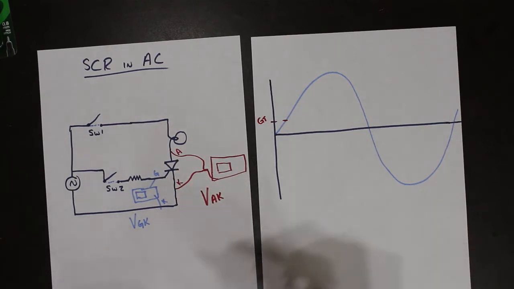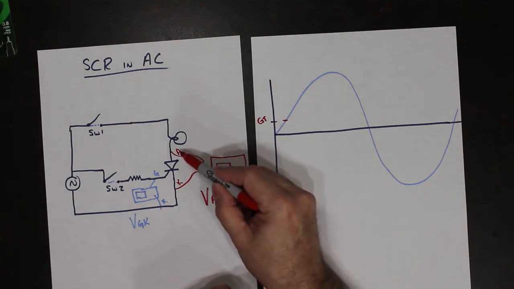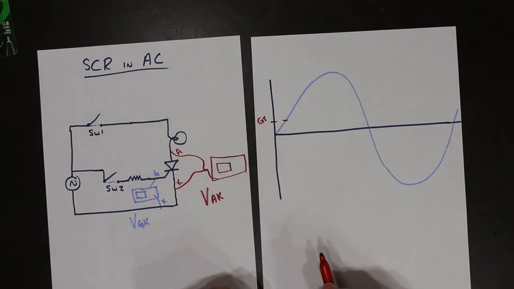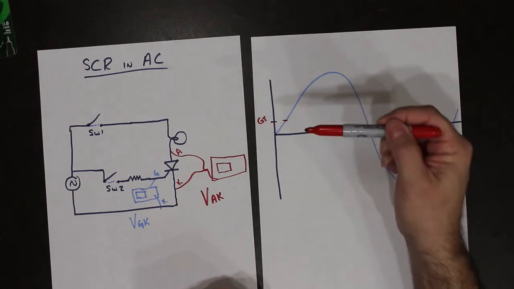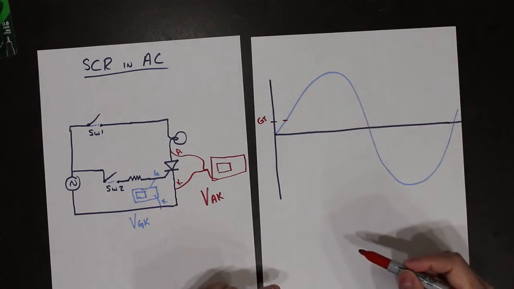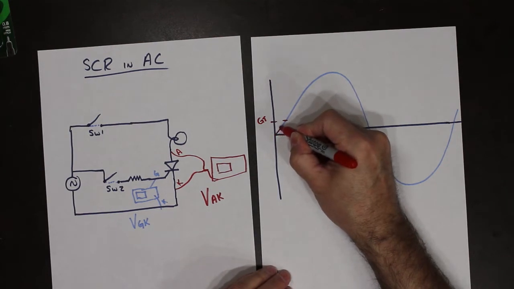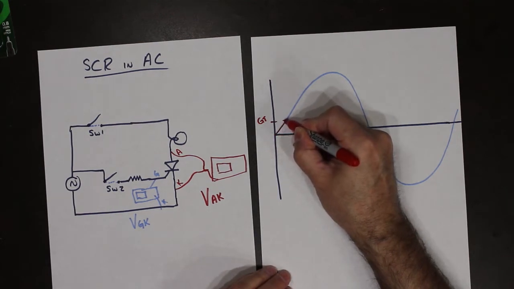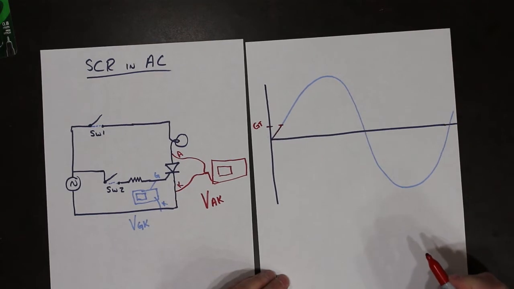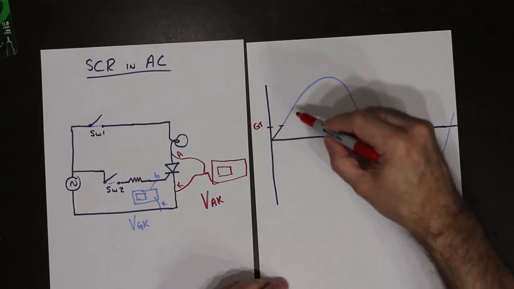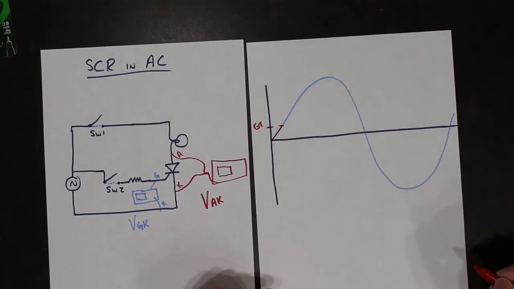So, if we were to look at the voltage from anode to cathode, I'm going to mark it in red. From the 0 point, the device is off, so the voltage is allowed to climb.